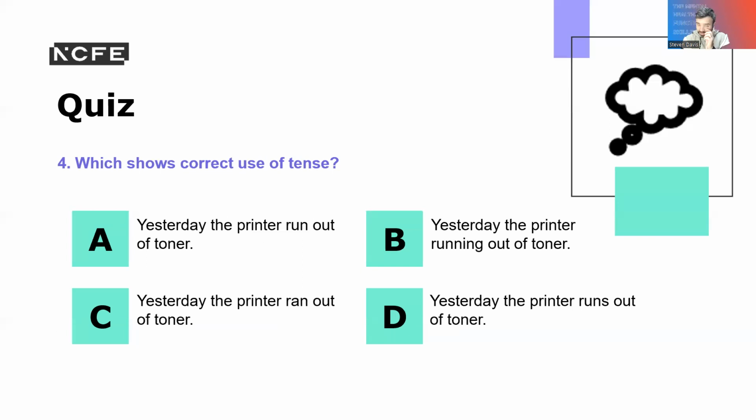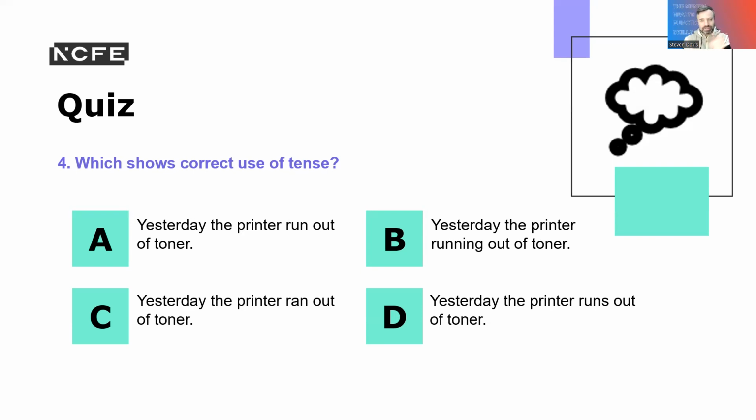Which shows correct use of the tense? Yesterday the printer ran out of toner. Sorry, misread that. So A, yesterday the printer run out of toner. This makes more sense. C, yesterday the printer ran out of toner.